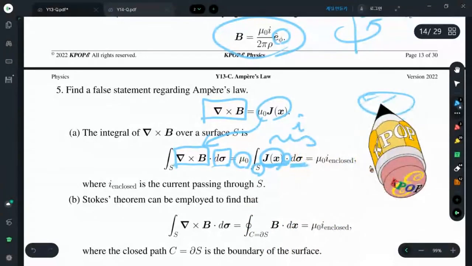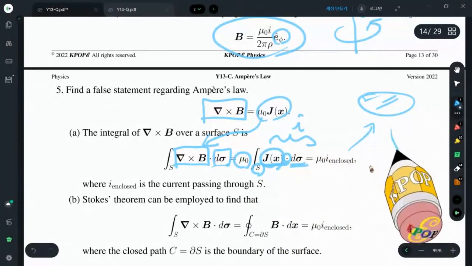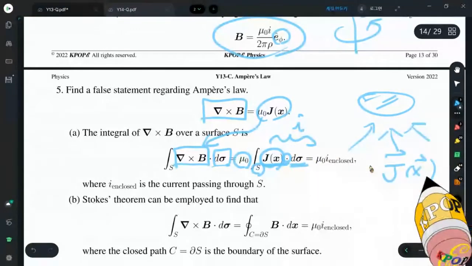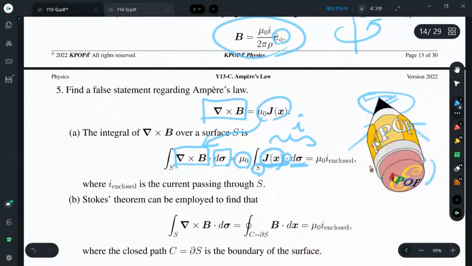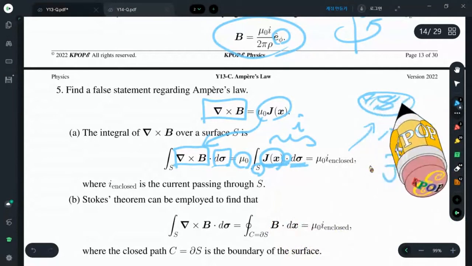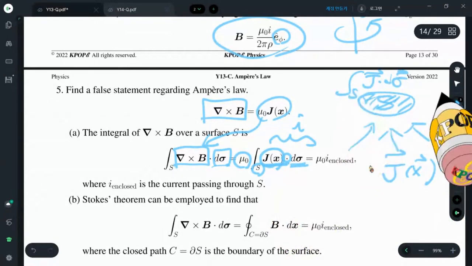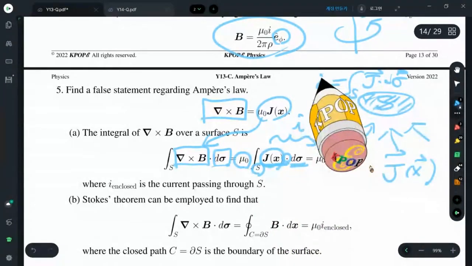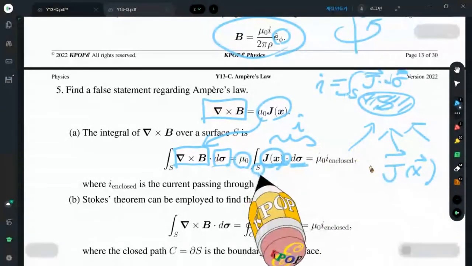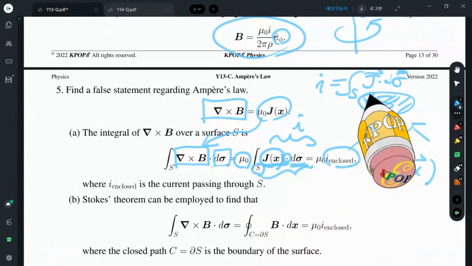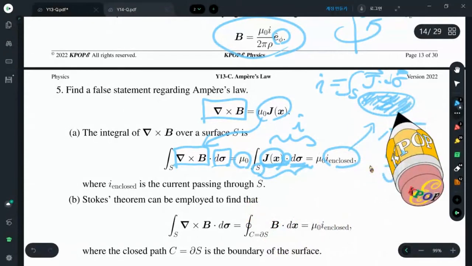We have a current density that varies depending on position. But when it passes the surface, integrated over surface, J dot d sigma over this surface, it is nothing but the current. So this is current. Enclosed means current passing through this surface only.